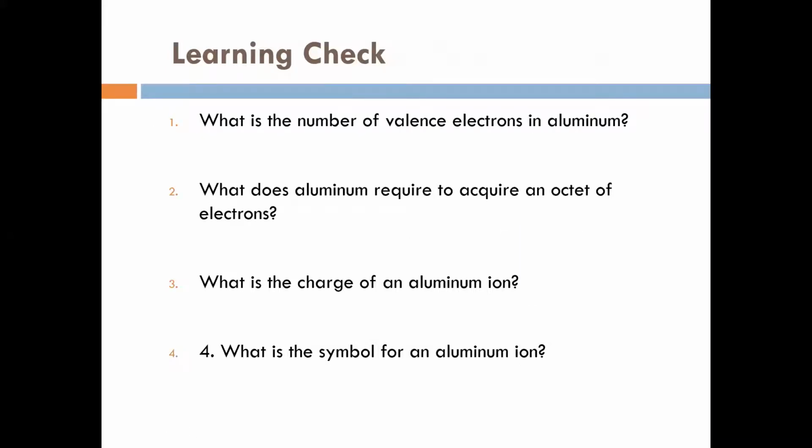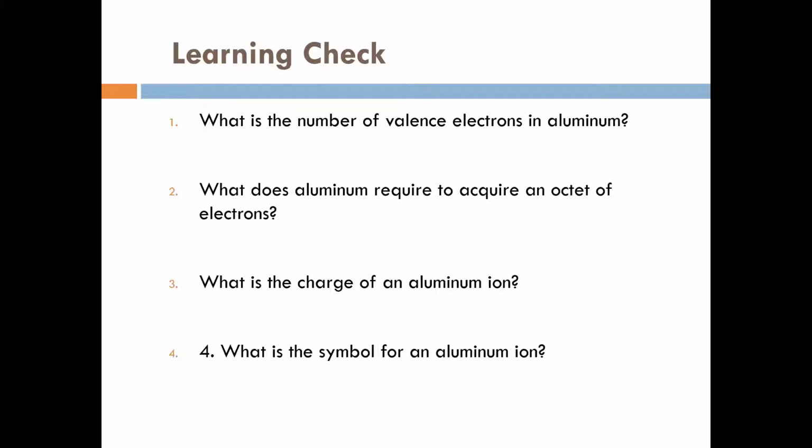So I'm going to ask you to think about aluminum. Aluminum itself is Al. Aluminum is in group 3 of the periodic table. So what is the number of valence electrons in aluminum? That one would be 3. What does aluminum require to achieve an octet? Is it going to gain or lose those 3 electrons?